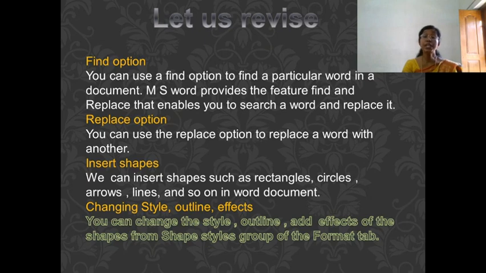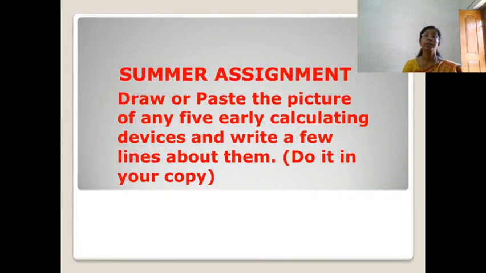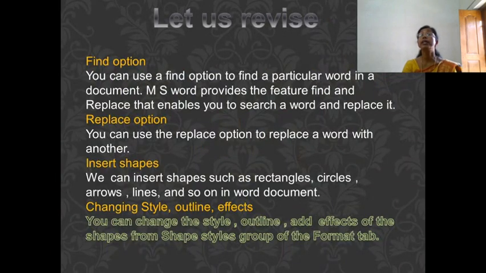We can change the style, outline, add effects of the shapes from the shape styles group of the format tab. We can also add text in the shape. Just click on the shape and start typing so that the text will be inserted in the shape.